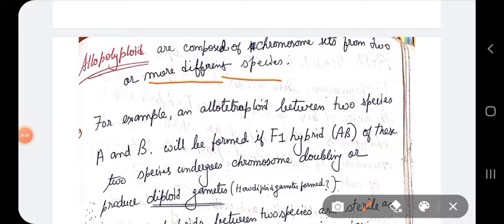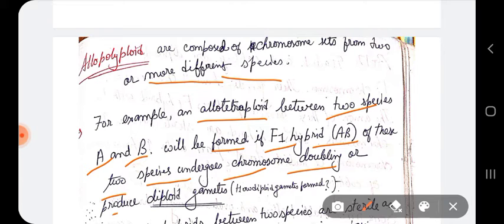For example, an allotetraploid between 2 species A and B will be formed if the F1 hybrid AB of these 2 species undergoes chromosome doubling and produces diploid gametes. So just like 2 species, species A and species B, they fuse and undergo chromosome doubling to form an allopolyploid.